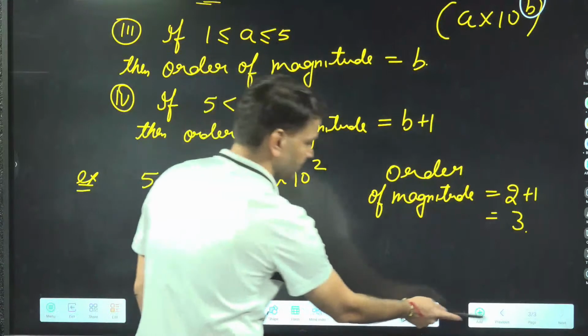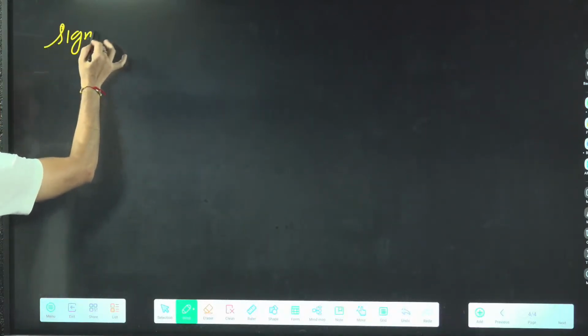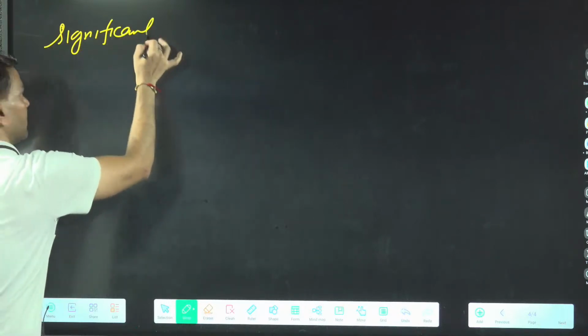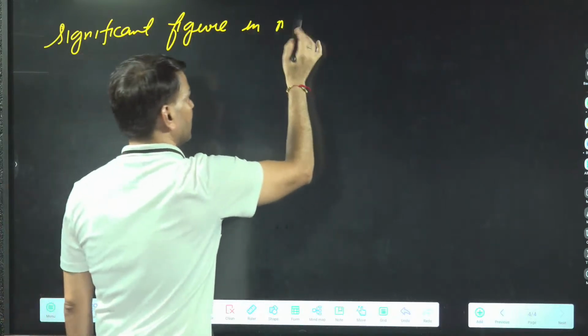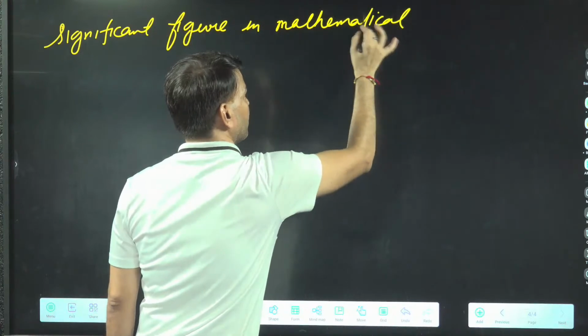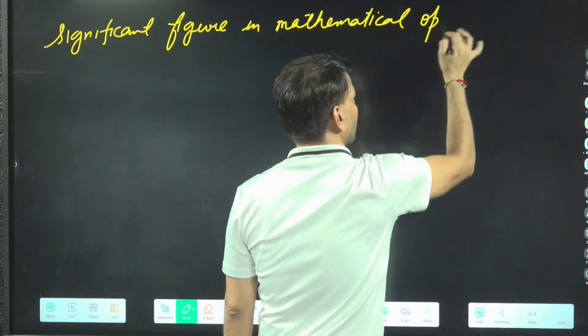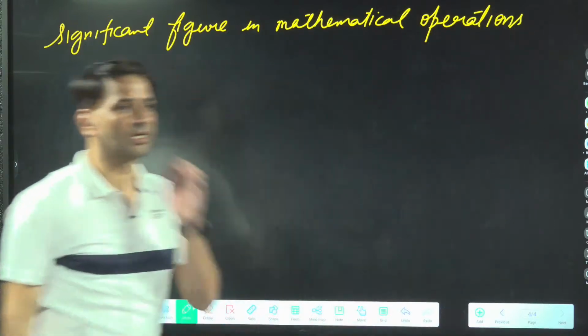Now, okay. So round off is okay and order of magnitude is okay. We have learned the rules of significant figures. Now, significant figures in mathematical operations, meaning addition or subtraction, multiplication or division.